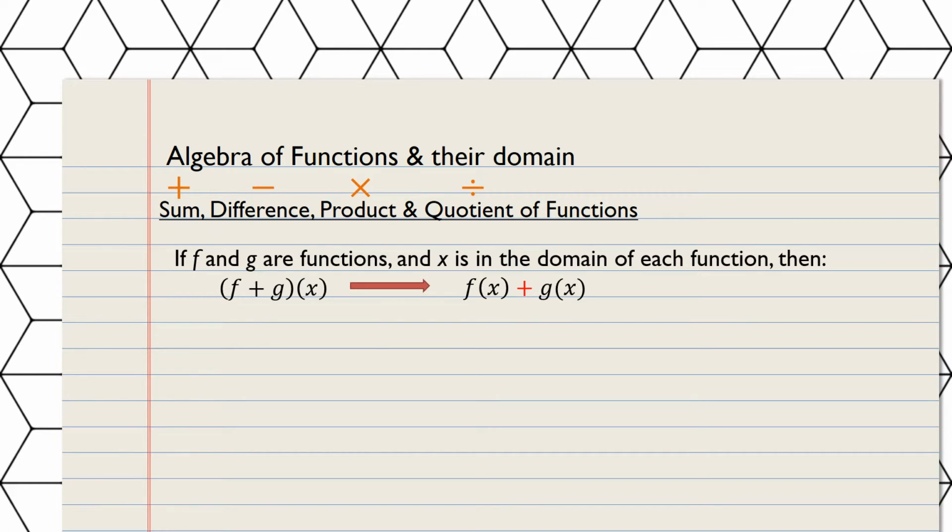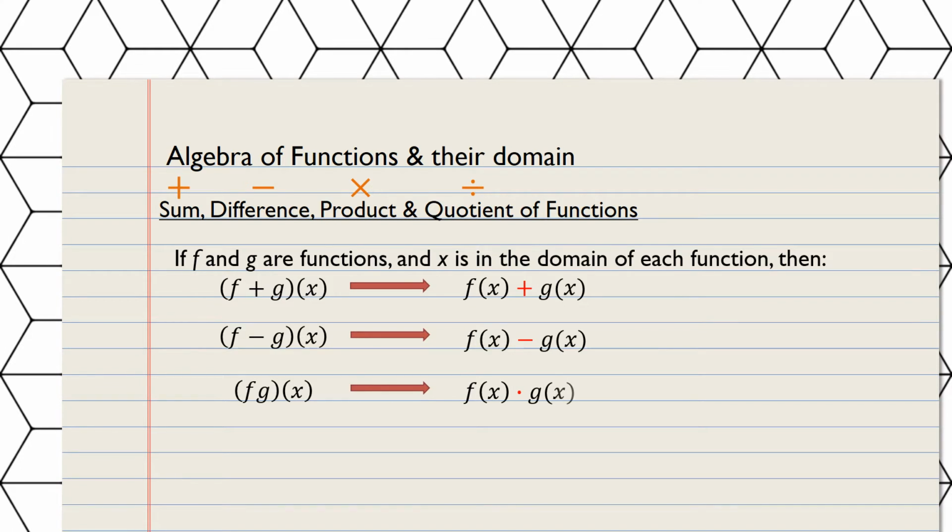F plus g of x is the same thing as f of x plus g of x. F minus g of x is the same thing as f of x minus g of x. F times g of x is the same thing as f of x times g of x.